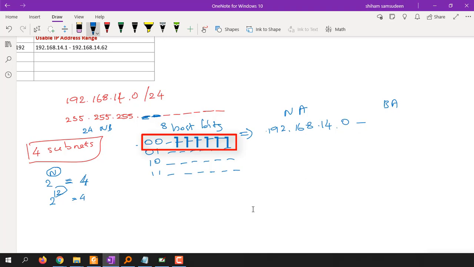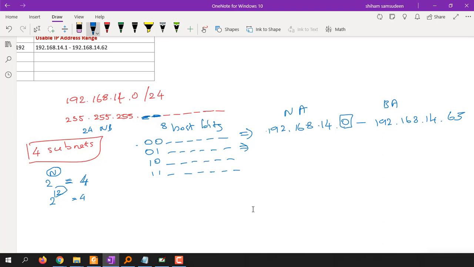In that case, we are finding out the last octet here, so that would be 192.168.14. All ones here means that is 63, right? And this one is 0 1, so we'll be finding out the network address.